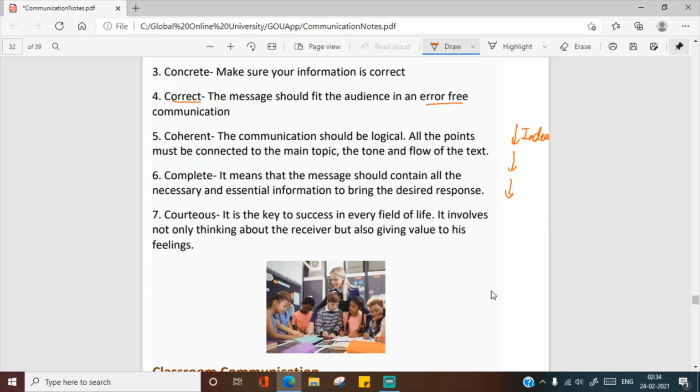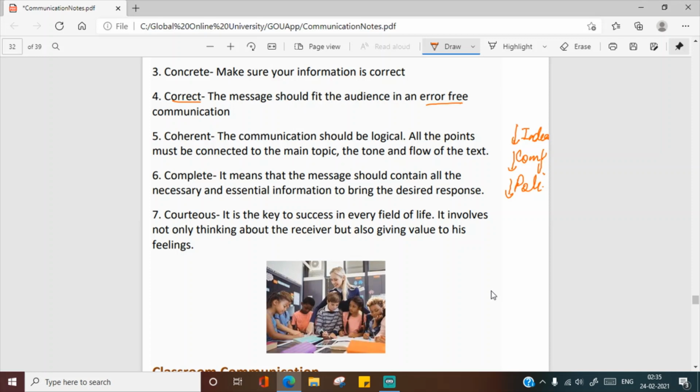If you talk about India, then computer, or then you start speaking about politics, this is not right. Why? Because there is no flow in what you are saying. If you are presenting a speech on India, just talk about India. Do not go here and there. There should be proper flow in what you are saying.